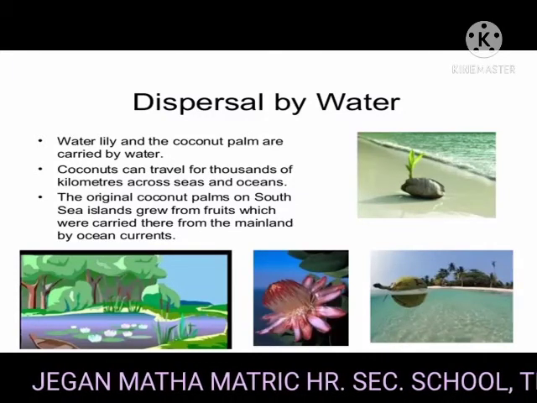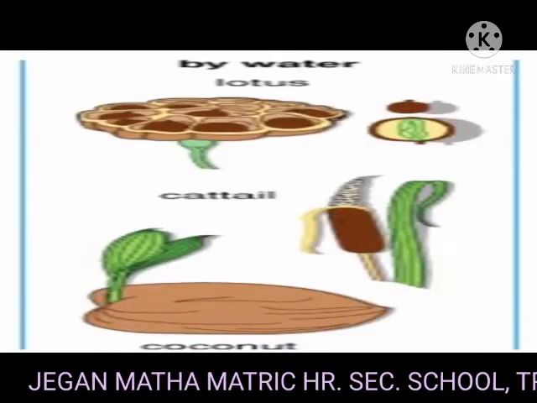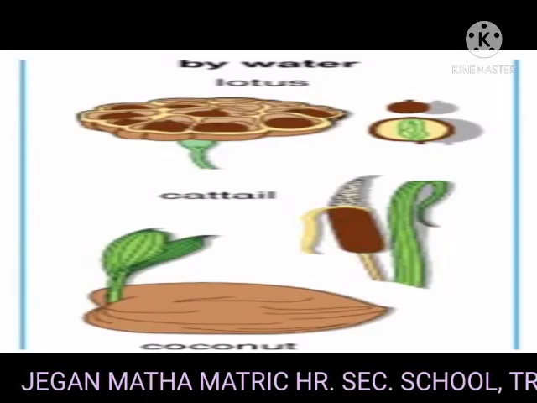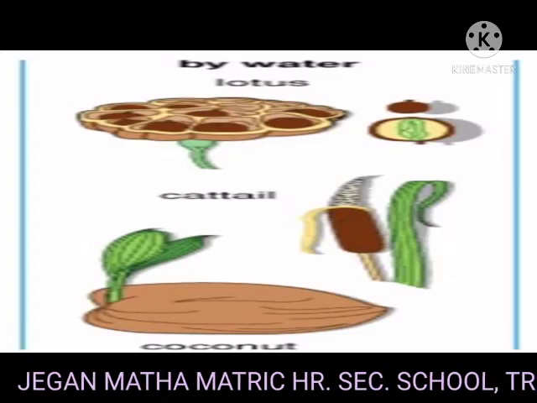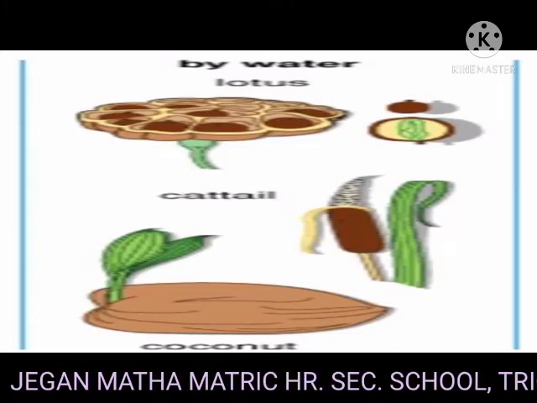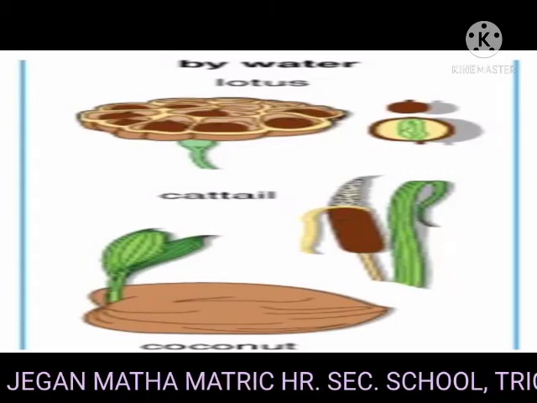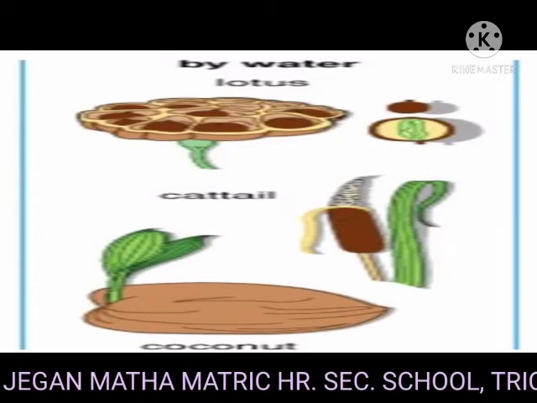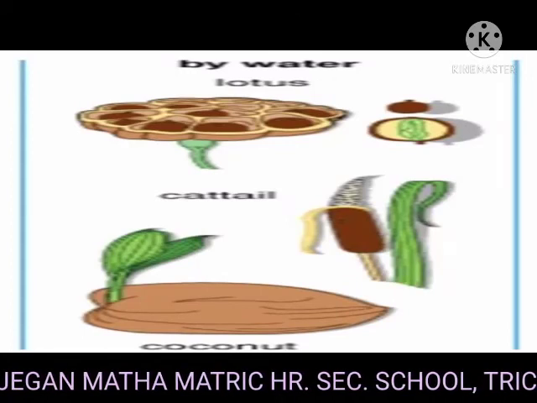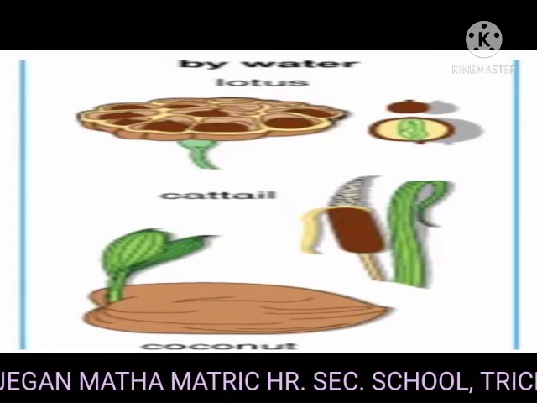Presence of fibrous mesocarp and light pericarp. Seeds are light, small, provided with aerial tissue which encloses air. The fruits may be inflated. Seeds by themselves may not float, but may be carried by wind current.